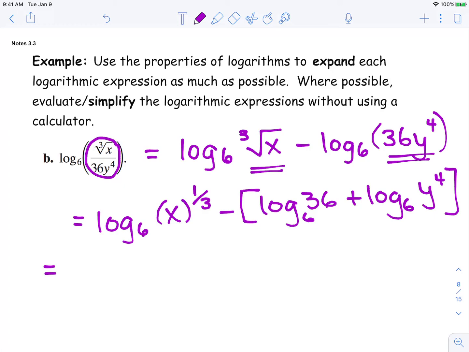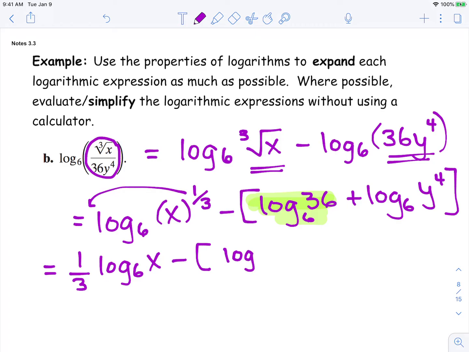Continue simplifying. We can bring this 1/3 down in front using our power rule. This term here can be rewritten as an exponential function. So we have a logarithm base 6 and an exponential base 6.